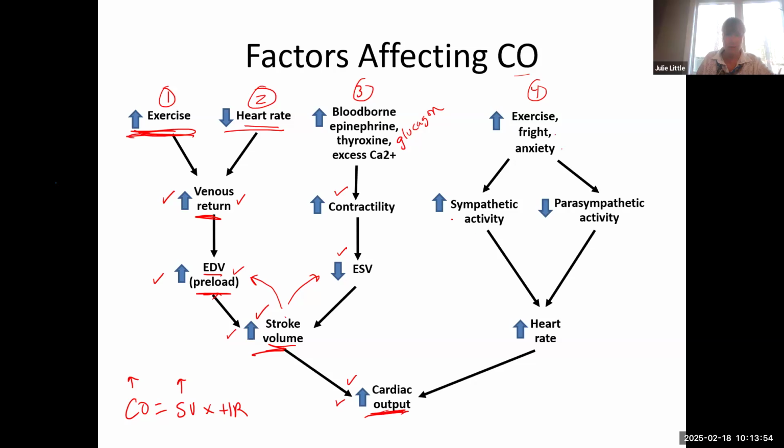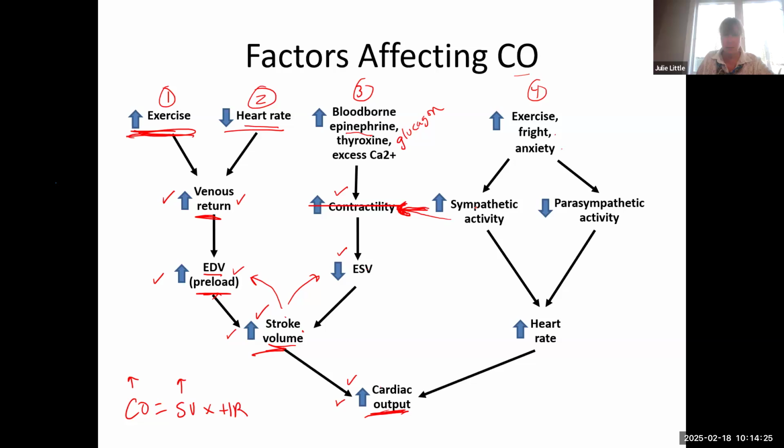And by the way, if we increase sympathetic activity, we can draw a line straight here, which I should have. Sympathetic activity, because of the release of epinephrine, increases contractility, reduces end-systolic volume, increases stroke volume, and increases cardiac output. But also, draw yourself a little line in there because that needs to go this way. It's an arrow I forgot. I'll go back and fix the slide.